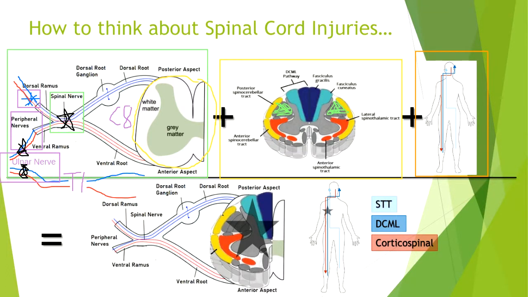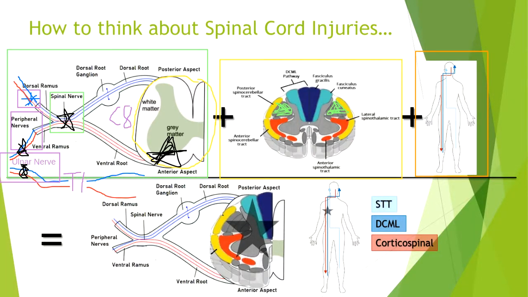So if we now have an injury in our cord, so if we've got anything in this yellow circle, then we're going to be looking at a vertical tract. If it's impacted a vertical tract, you're going to see those symptoms and deficits in everything below it. With our spinal nerve injury or peripheral nerve injury, it was in the distribution of the nerve only.